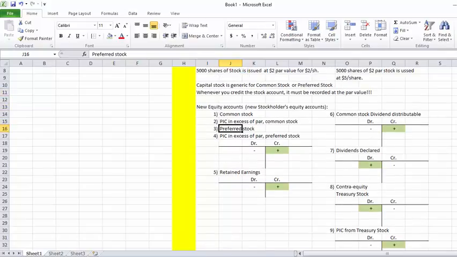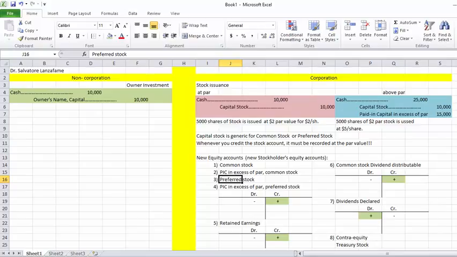Okay, and then remember the first thing we did was we compared the difference between investments in a non-corporation and in a corporation. In a non-corporation, when the owner makes an investment, we debit cash, we credit capital. That's assuming they're investing cash. And then under a corporation, there's two ways to do it. If you issue stock at par, and by the way, par is just an arbitrary value that a company's board of directors establishes at the point that they go public, or maybe right before they go public, and they make it extremely small.